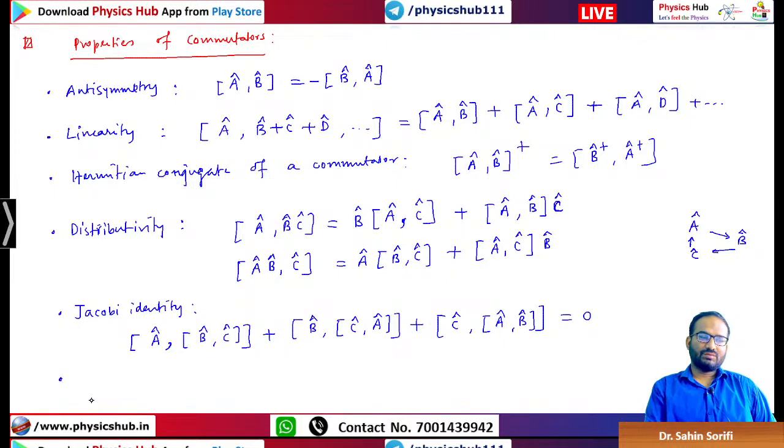Another very straightforward property: we have told you that an operator commutes with itself, and another property is that operators commute with any scalar.